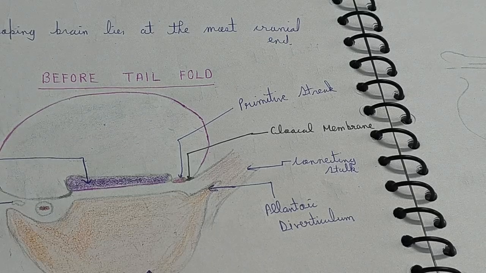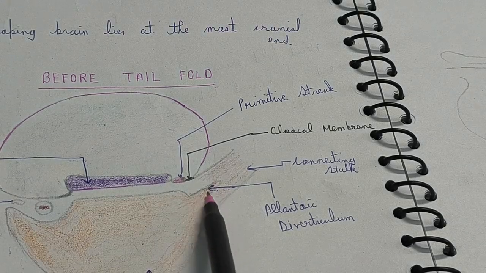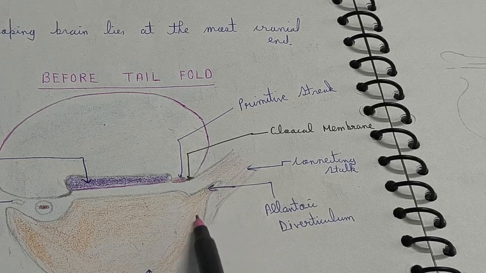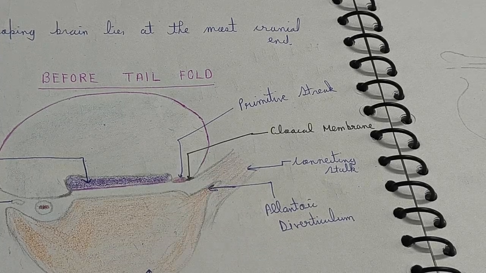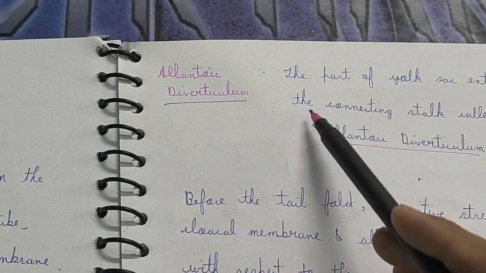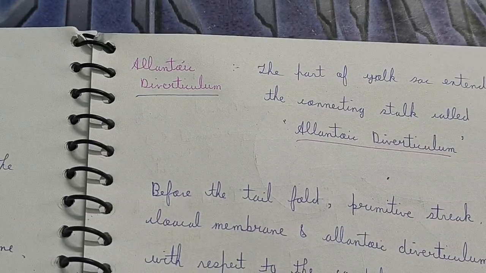If you want to know what the allantoic diverticulum is, it is simply the portion of the yolk sac which extends into the connecting stalk. So here it is the allantoic diverticulum. I have written that the part of the yolk sac extending into the connecting stalk is called the allantoic diverticulum.